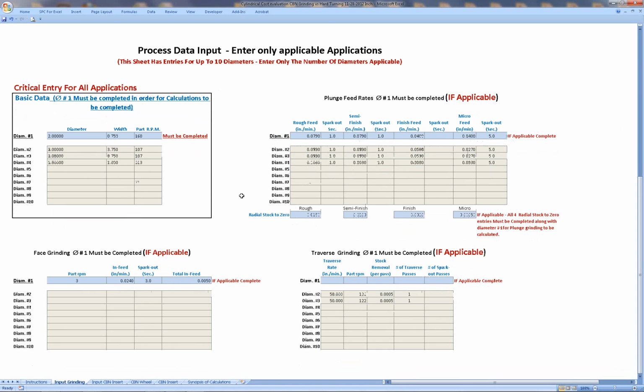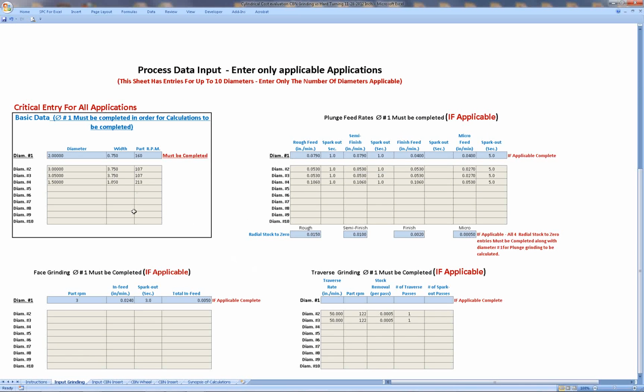Therefore, the program will calculate how many plunge grinds we need to make, and then those 2 diameters only will be traversed, and those need to be the ones you input so that the program knows how much time it will take to travel the 2-inch wheel across those 3.750 parts. So let's start with the plunge grind.